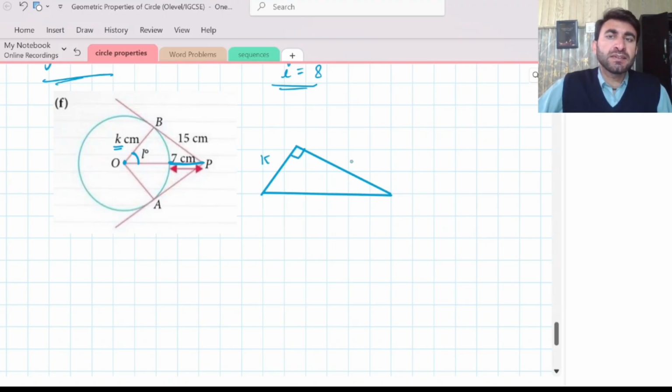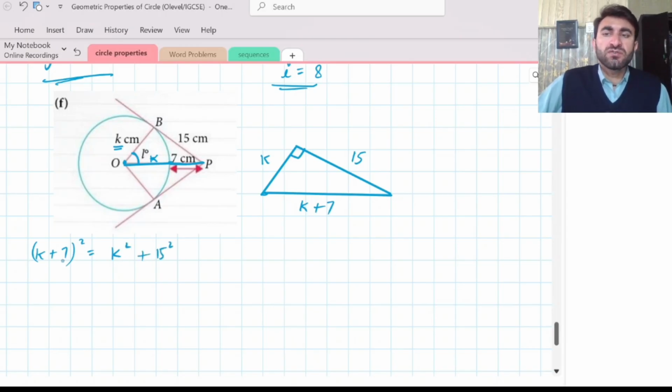This is side K, this is side 15, and the hypotenuse of this shall become K plus 7 because we know the radius of the circle is K. So it will be K over here. So the whole side is K plus 7. Again, we have to use the Pythagorean identity. So it shall become K plus 7 whole square, which equals K square plus 15 square.